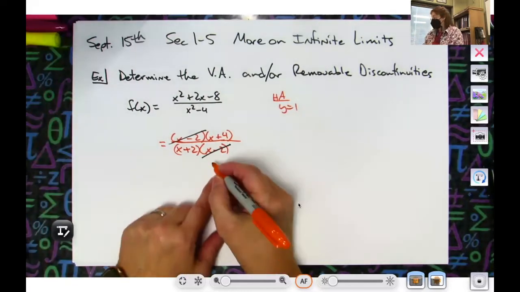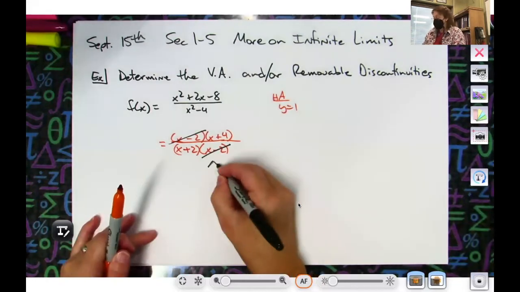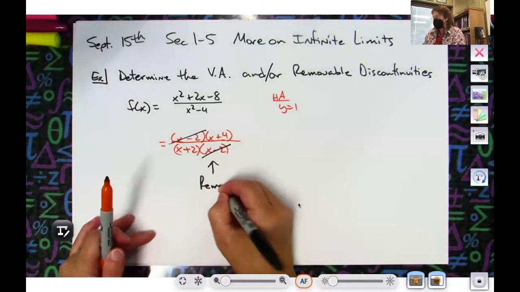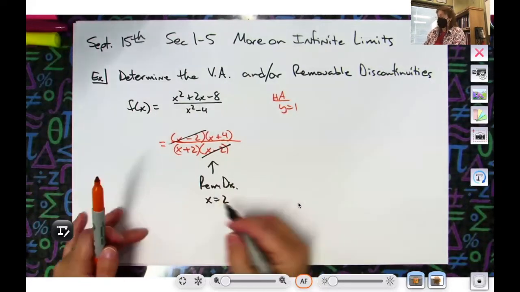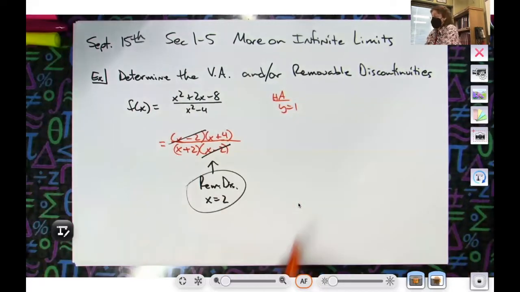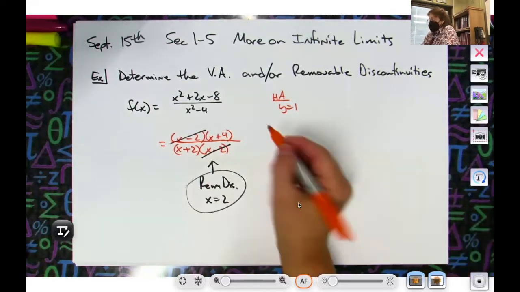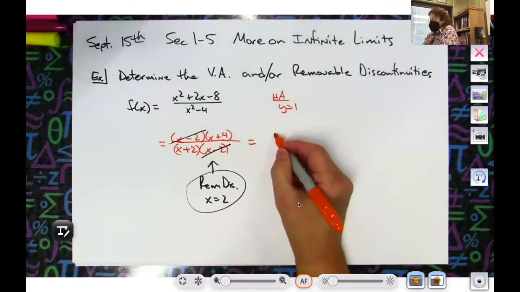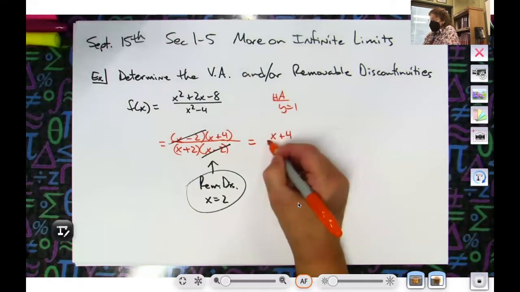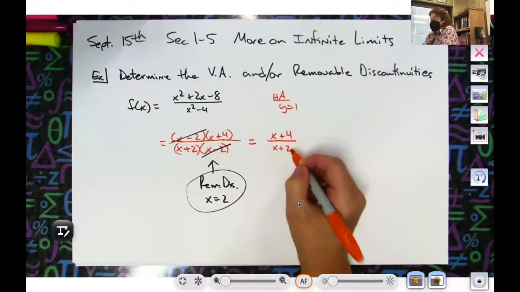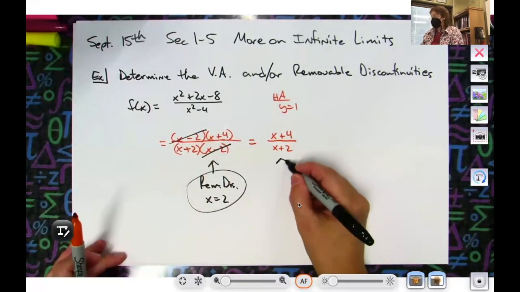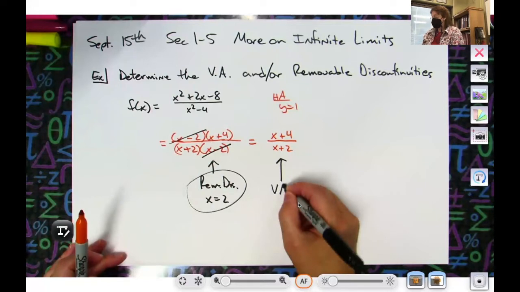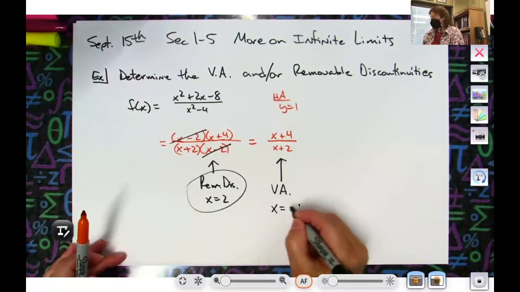So that tells me I have a removable discontinuity at x equals 2, which was part of the question. It wanted you to find vertical asymptotes and removable discontinuities. Simplifying that function, x plus 4 over x plus 2. After I factor and cross out, I get down to this, and then hopefully you can clearly see your vertical asymptote is going to be x equals -2.